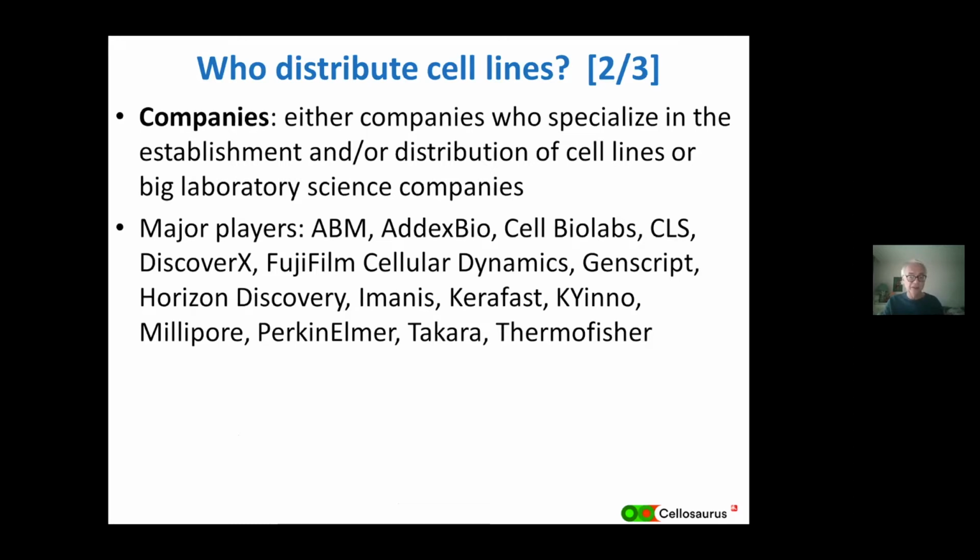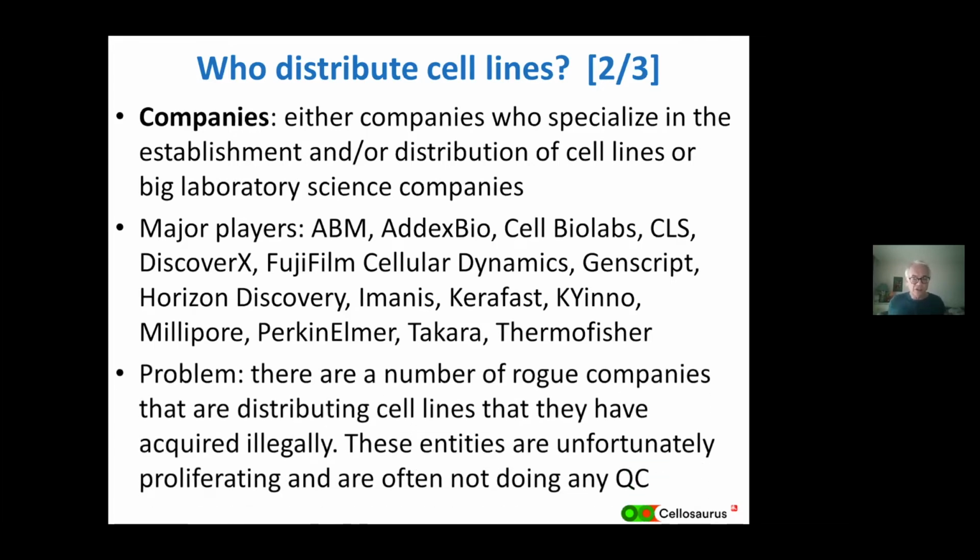It's not a complete list, but it shows you a little bit the players inside this world of companies and cell lines. One thing which I should mention here, and I won't come back to it, is that there are many companies which distribute cell lines, which I call rogue companies. Some people call them pirate companies. They're basically distributing cell lines illegally.